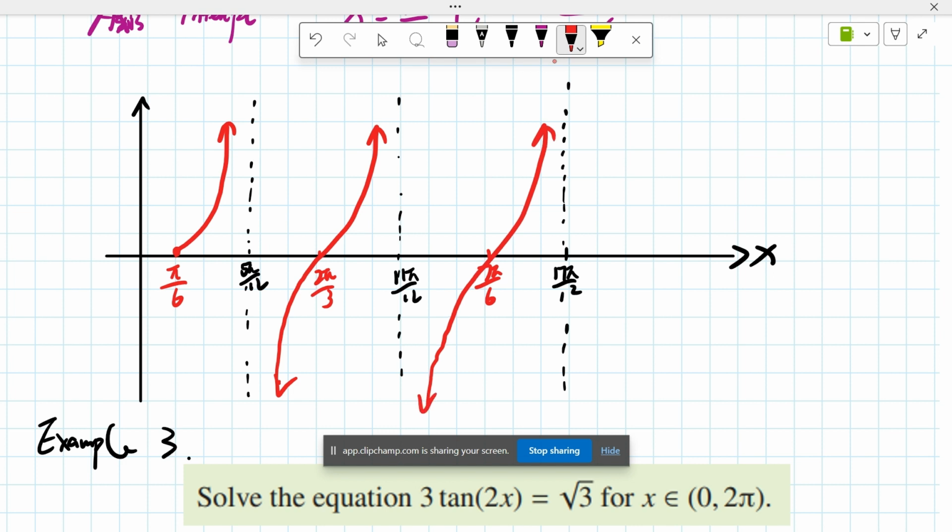That's it. And then the last one, 5 pi on 3, and the asymptote at 23 over 12 pi. So there you go. So 23 pi over 12.